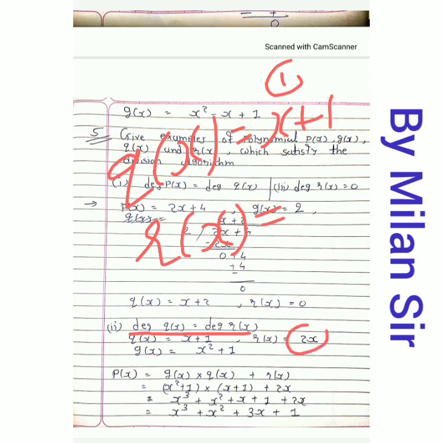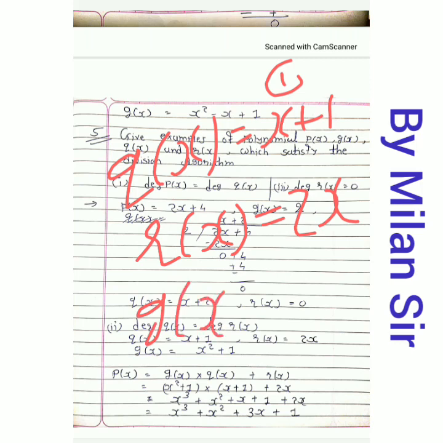I select 2x here. You can take both of these polynomials randomly, but one thing is that we need to take q of x and r of x such that they have equal degree. Here I take degree 1, so x plus 1 and 2x. Now select g of x.